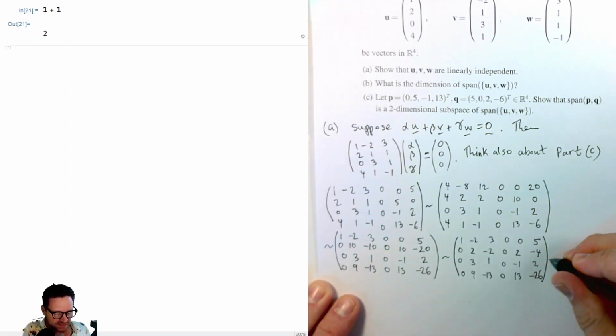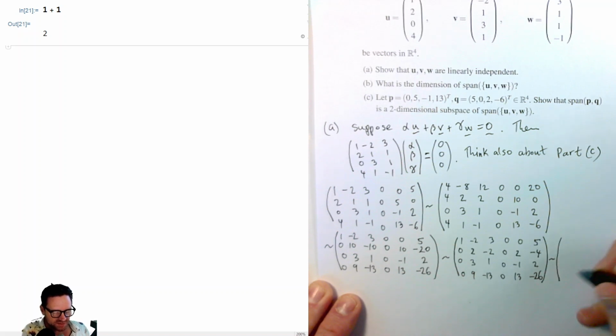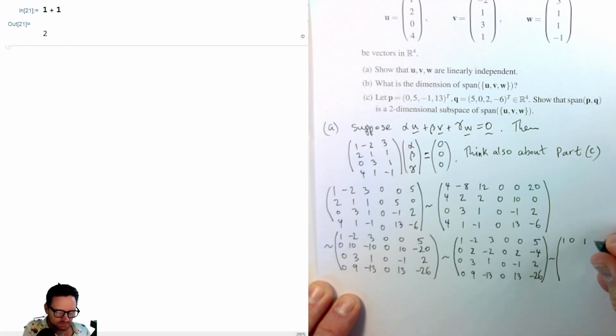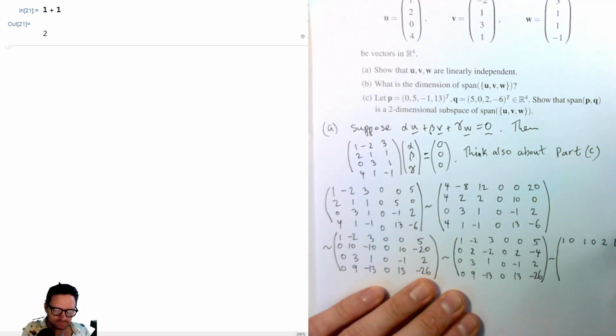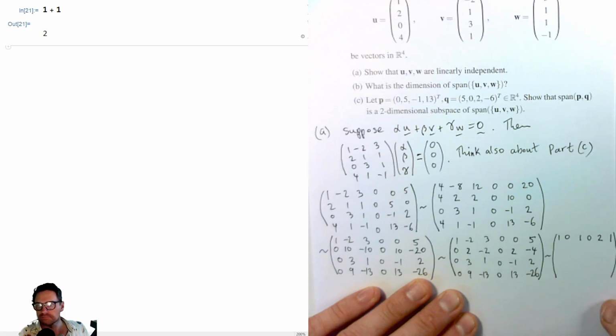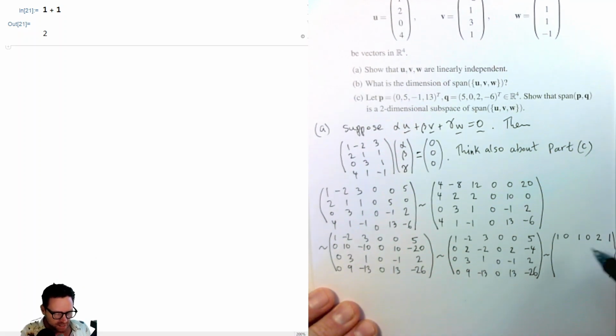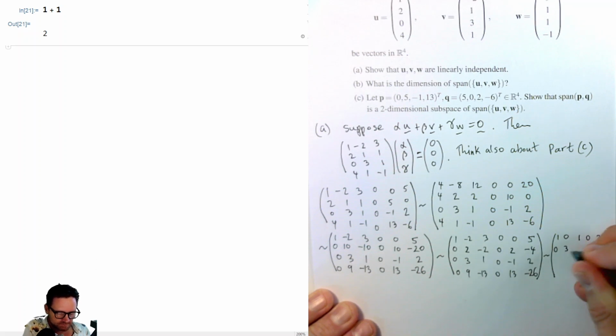Okay, and now I want to replace row 1 with the sum of row 1 and row 2. And then multiply row 2 by 3 over 2, in preparation for doing something with row 3.